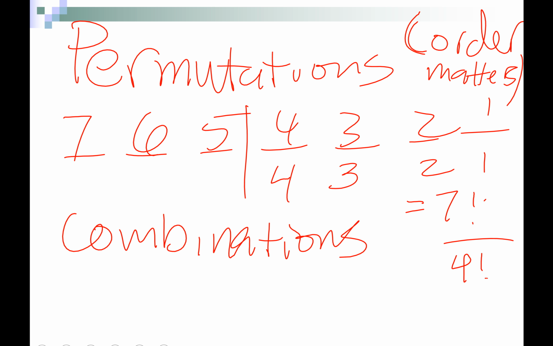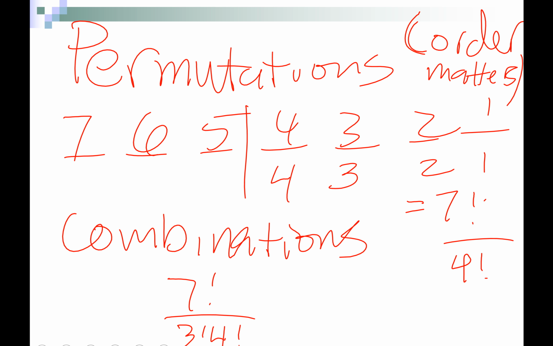Now combinations are similar, except order doesn't matter for either of the groups. So with combinations, we'd say we have 7 factorial ways that we can arrange everybody. We don't care about the order of the 4 people that are not selected, and we also don't care about the order of the 3 people that are selected.